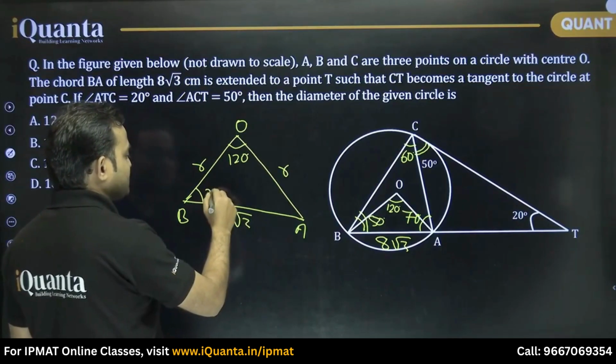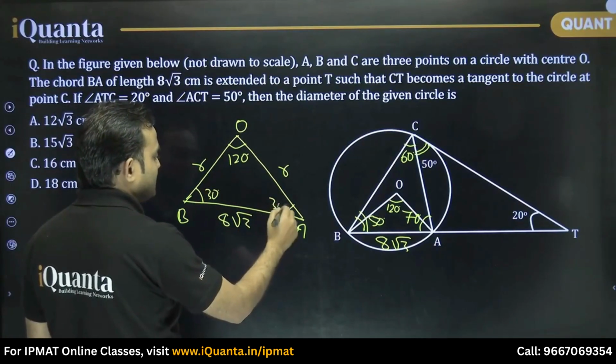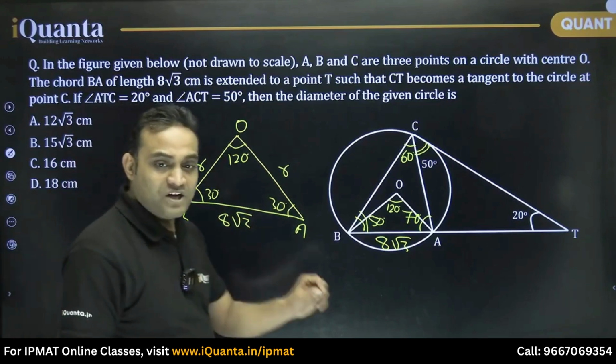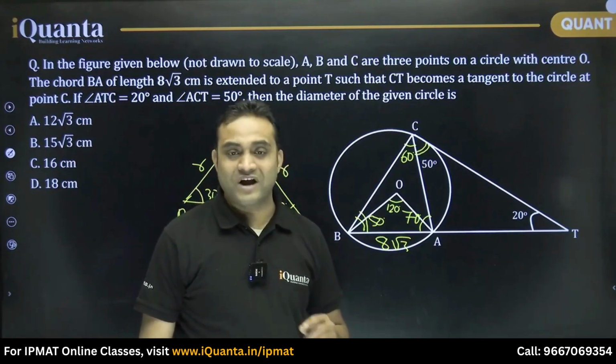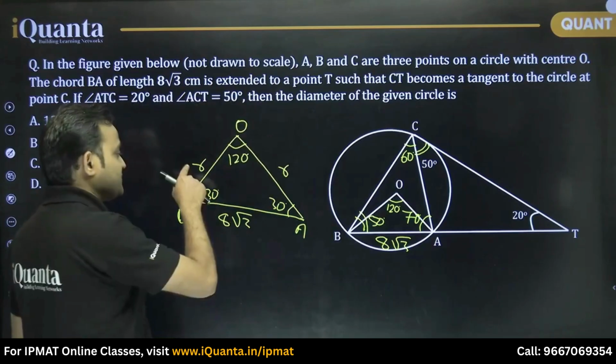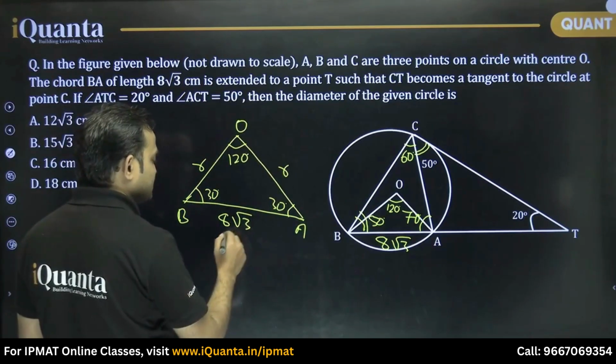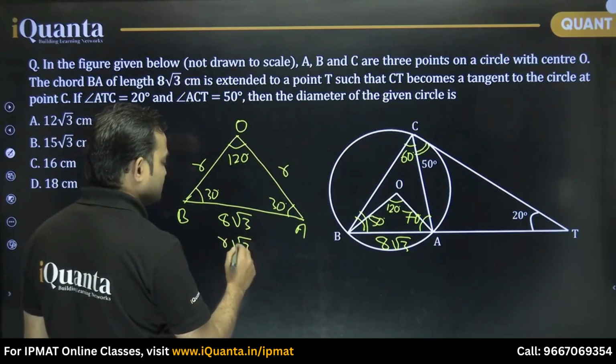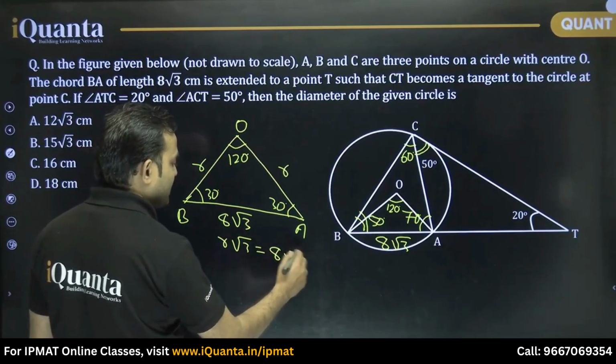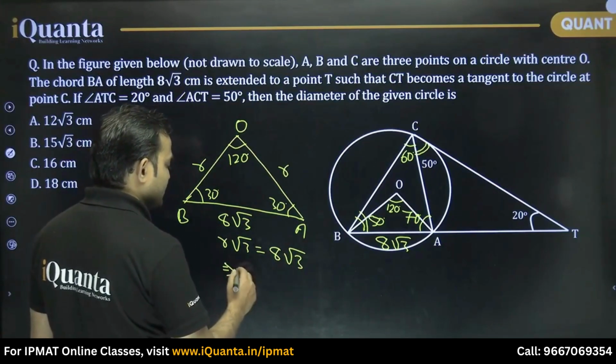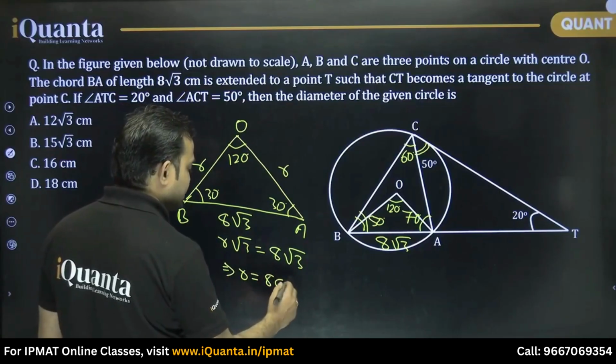These two angles must be 30 degree and equal. Can I say in 120, 30, 30 degree triangle, the property is, if this length is R, this length is R, this length must be R root 3. We can say R root 3 is equal to 8 root 3, or radius R is equal to 8 centimeter.